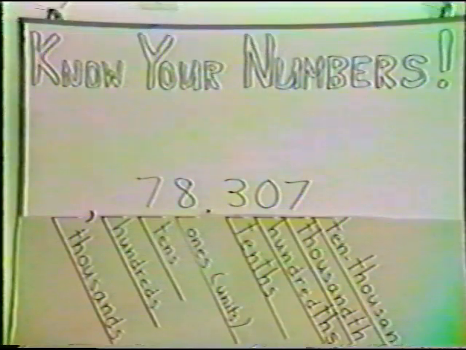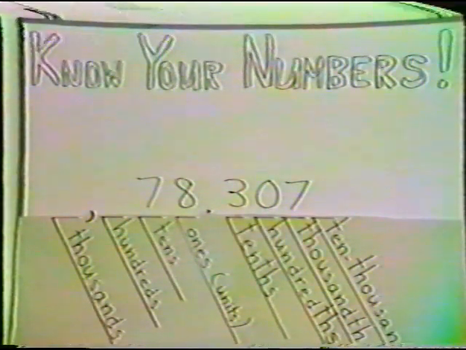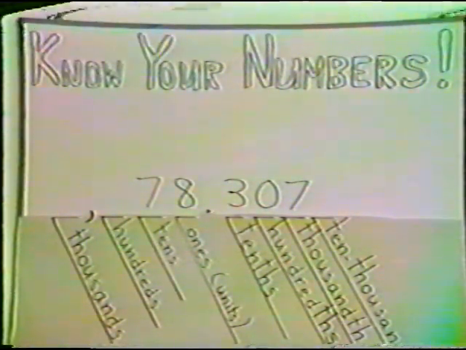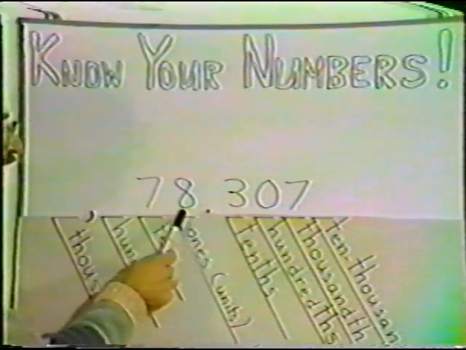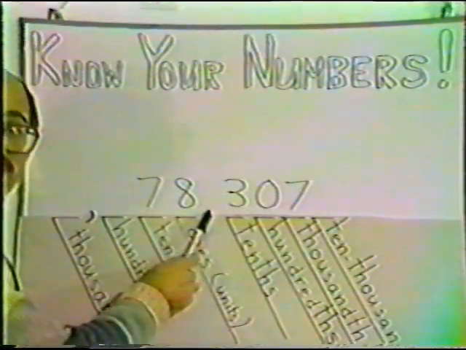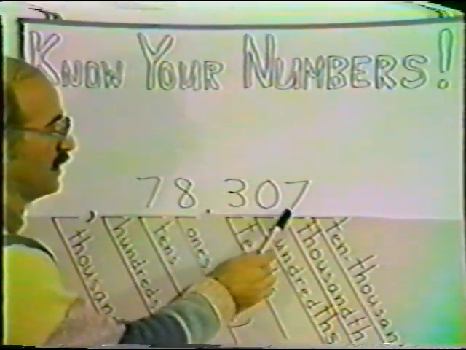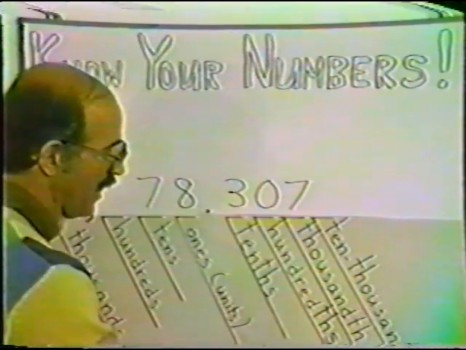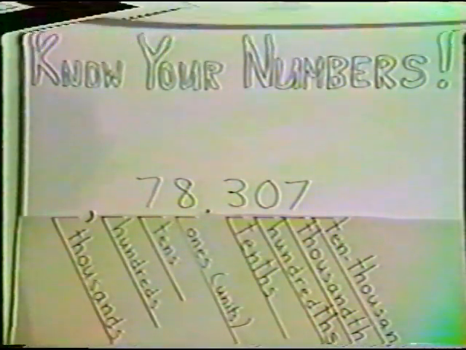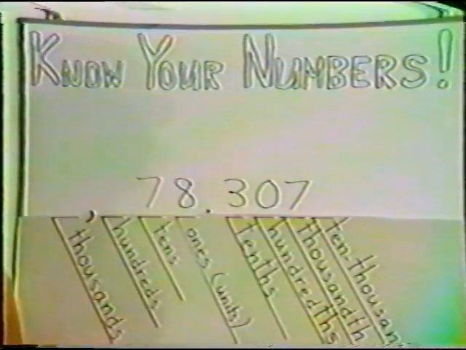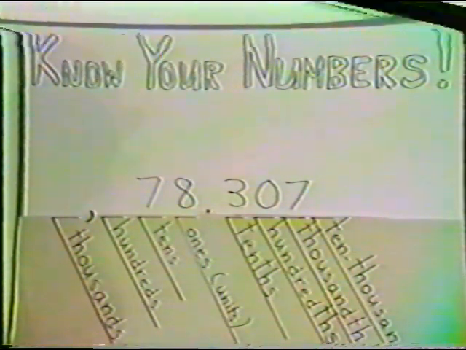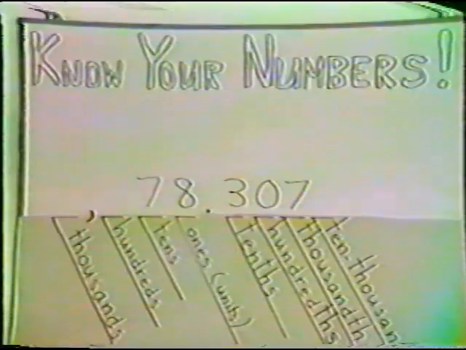All right, read that one. 78 and 307 thousandths. Yes, 78 and 307 thousandths. Tell me now, what number is in the tenths place? 3.